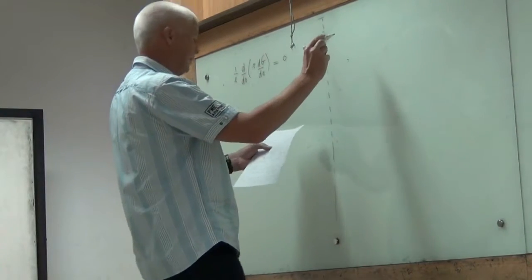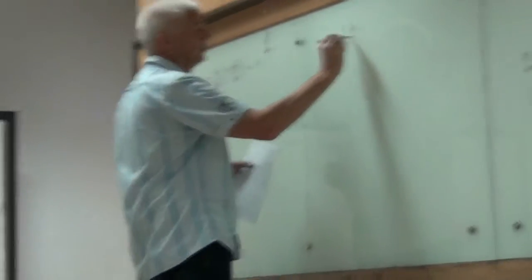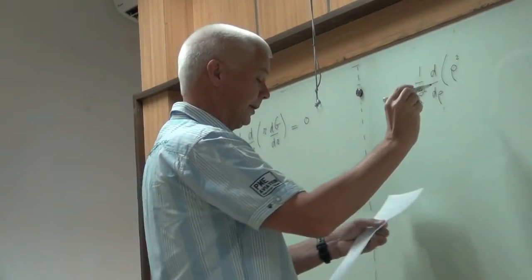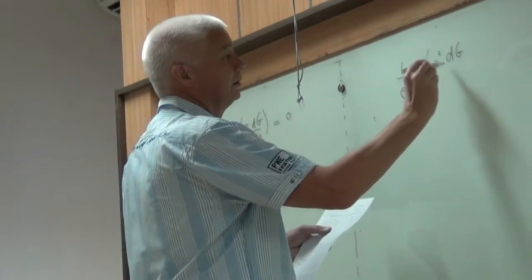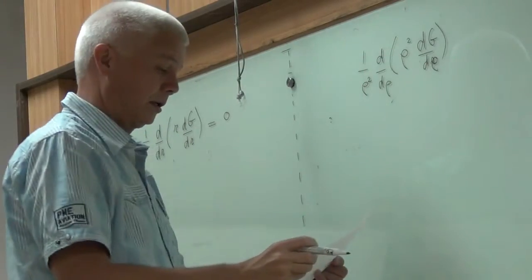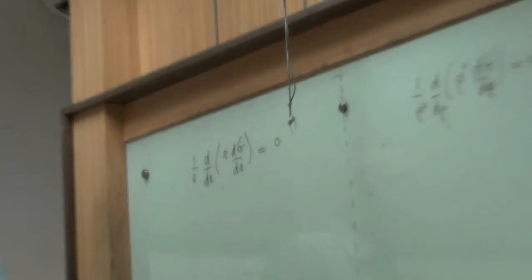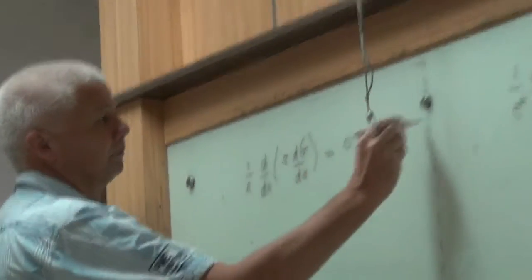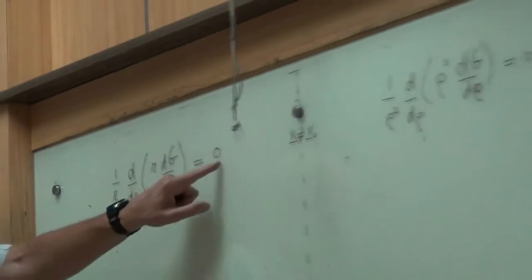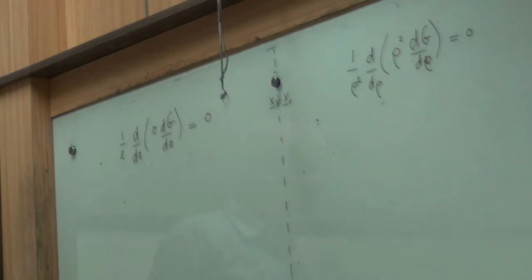And here I will get 1 over rho squared, d d rho of rho squared dG d rho, is equal to 0. So I assume for the moment that I'm outside the point x is x0. Then I have these differential equations, and then I put 0 over here. Then I'm going to solve these equations.